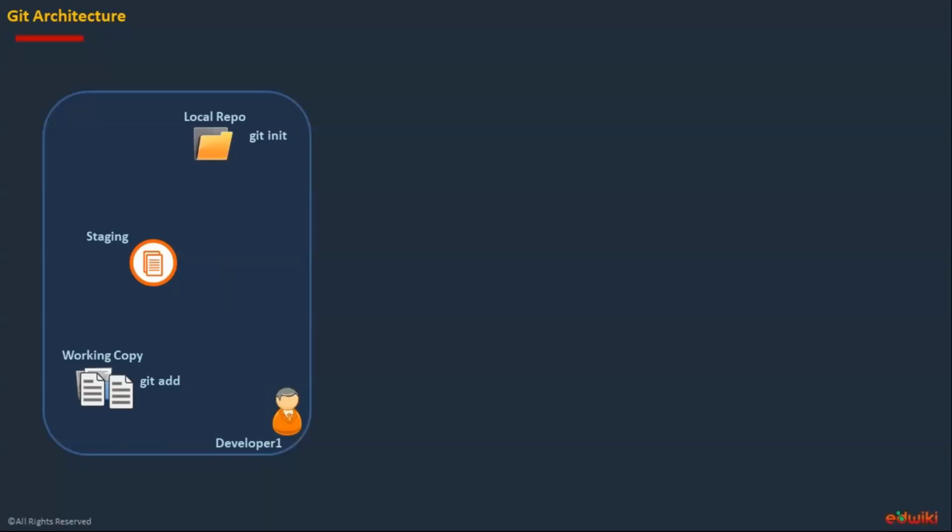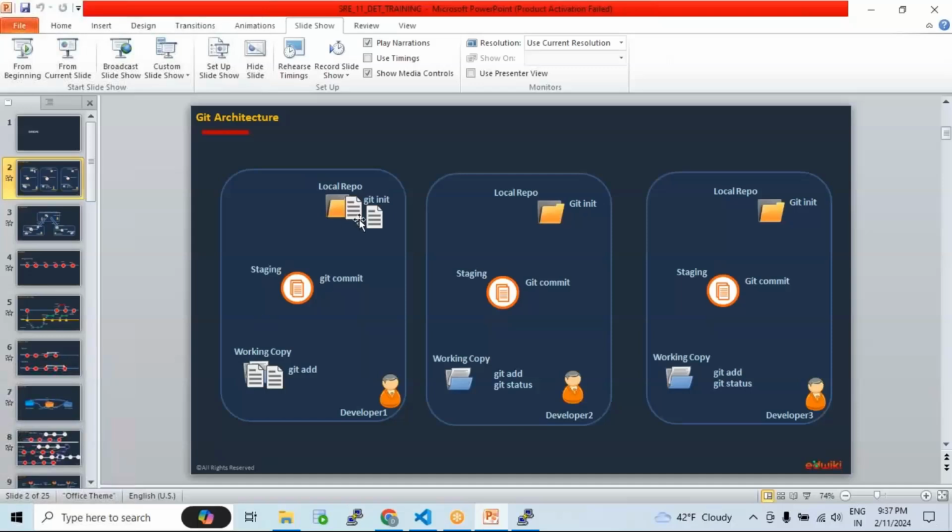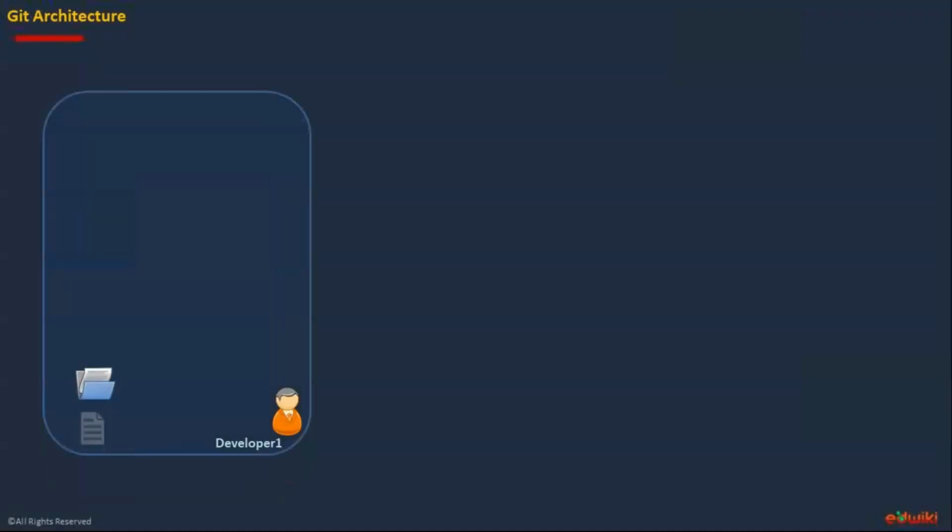No, git add will just take the changes and first put those changes into a staging area. So whenever you run the git add command, it is just storing the changes into a staging.